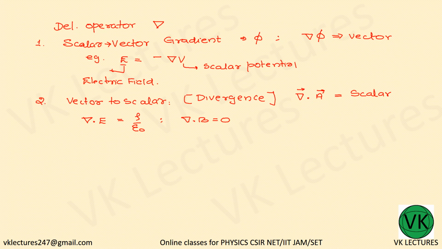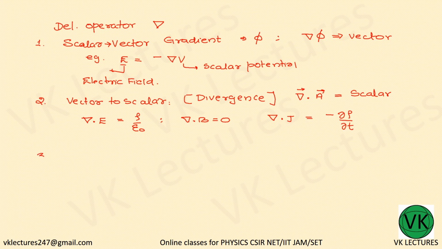Or again del dot J, the current density, del dot J is equal to minus dou rho by dou t. Okay, so that's some applications where you convert a vector to scalar. No, actually this is not converting, this is giving a scalar form. Okay, a different form to that.